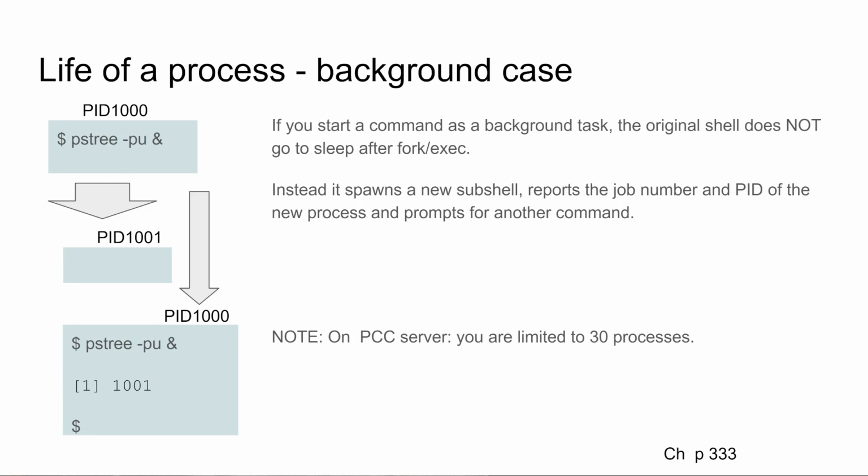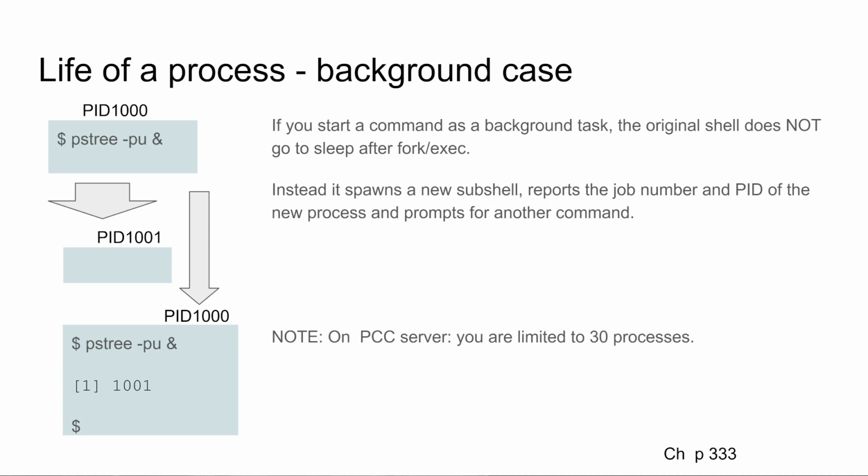Okay, so if you start a command, and I haven't shown you this yet, but it's demoed in the Red Hat material, if you start a command in the background, that is, you type the name of a command, you put the ampersand at the end of it. What this says is run this command, but create a new process and then return back to the original shell.